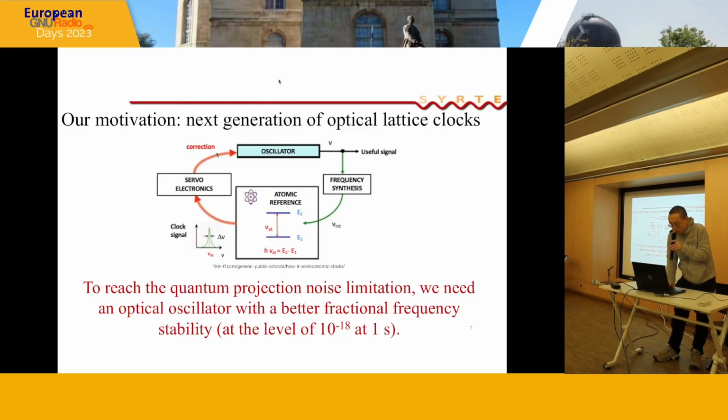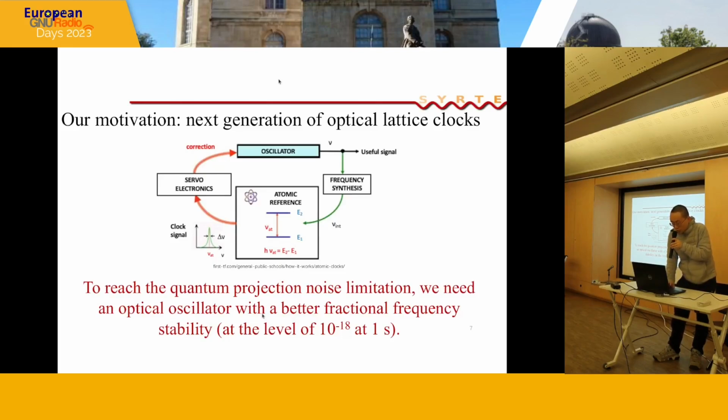The correction signal will compensate the oscillator's frequency drift. This is the whole locking procedure of making the frequency as accurate as possible. So this is the atomic clock.